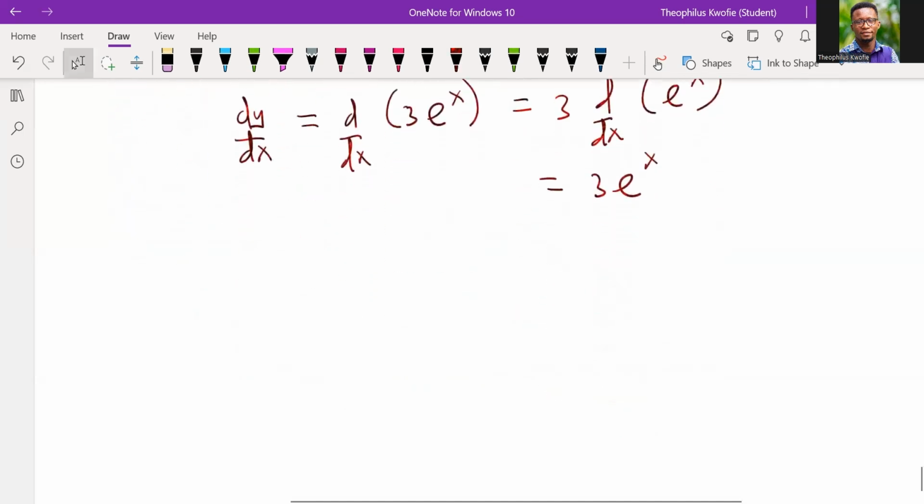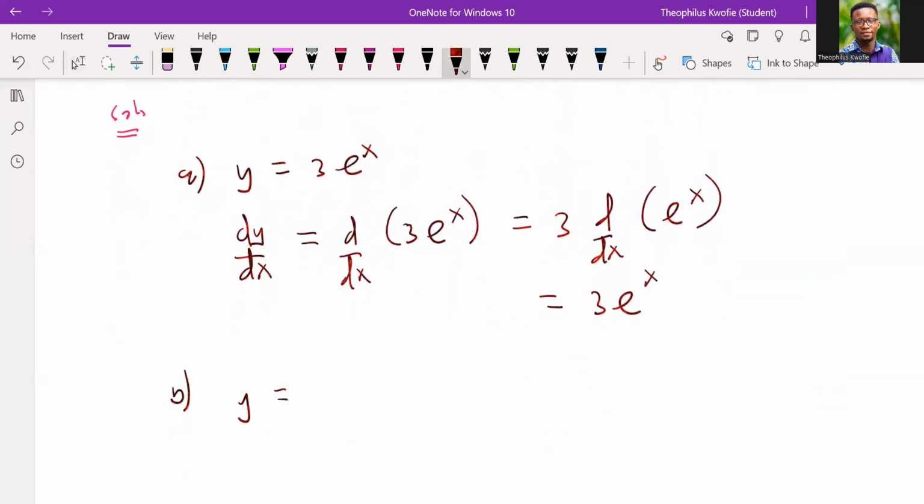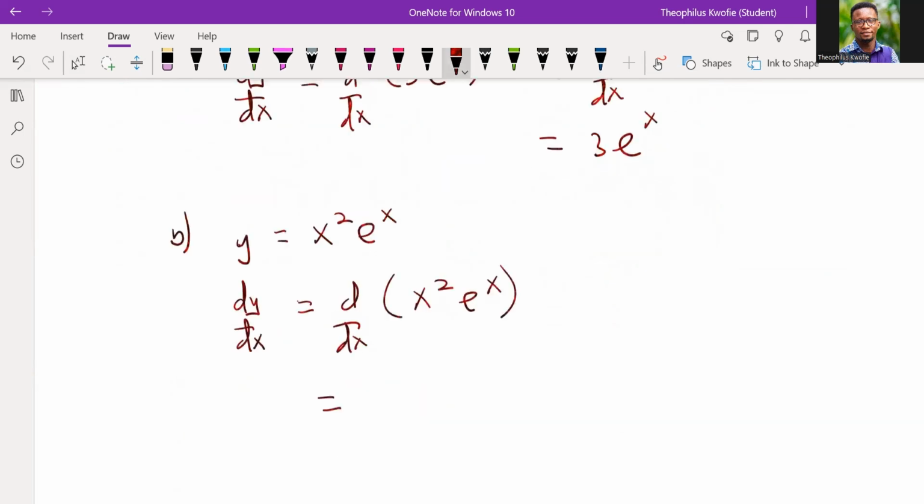All right. So what about the b? For the b, we have y = x^2 · e^x. How do you find the dy/dx of this function? By applying the derivative on both sides, good. Now, this is more or less a product of two functions.